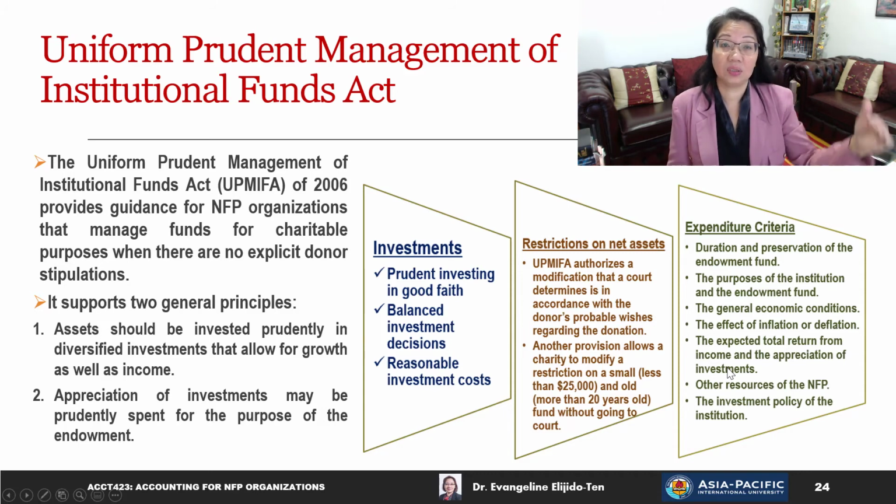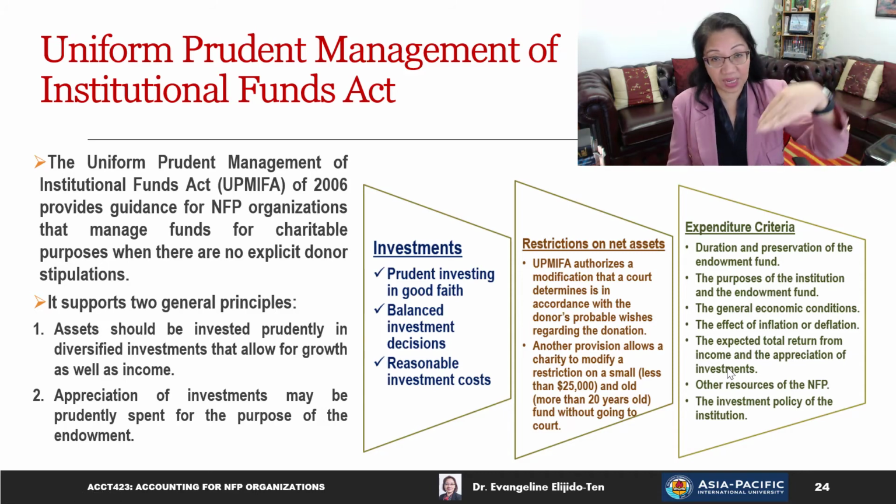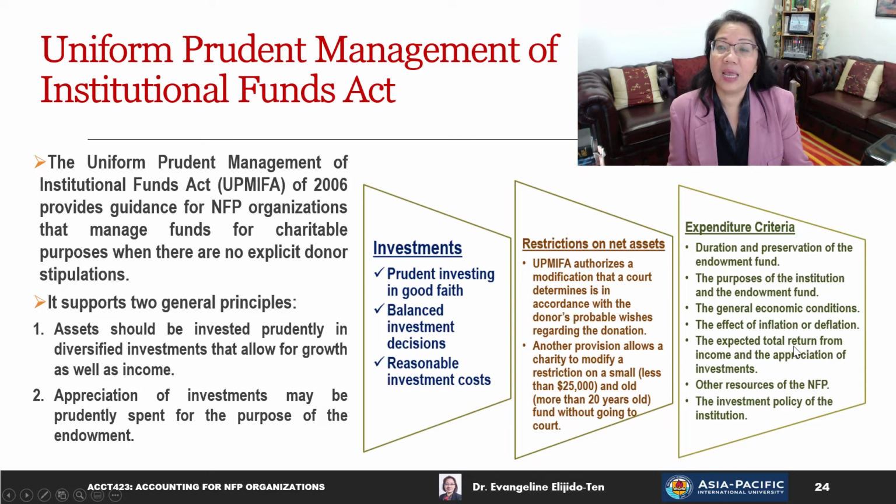So inflation is prices going up and deflation, prices coming down. And the expected total return from income and the appreciation of investments is the 5th. 6th has to do with other resources of the entity, the NFP, or the college and university.